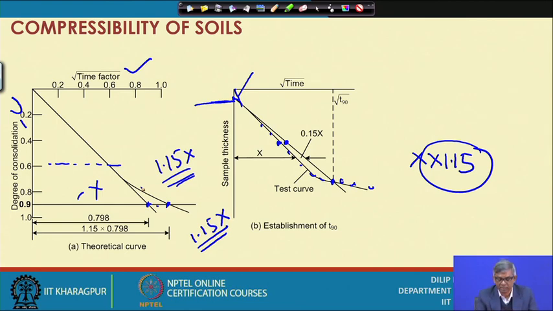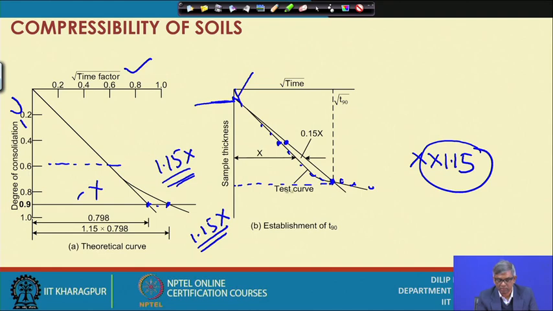So, we have taken a value on the line and multiplied by 1.15 to intersect the curve. That intersecting point actually corresponds to 90% consolidation, based on the observation we have. So, when you have done the reverse and intersected here, that point will represent the 90% degree of consolidation.